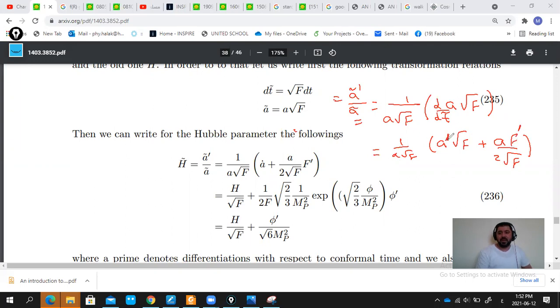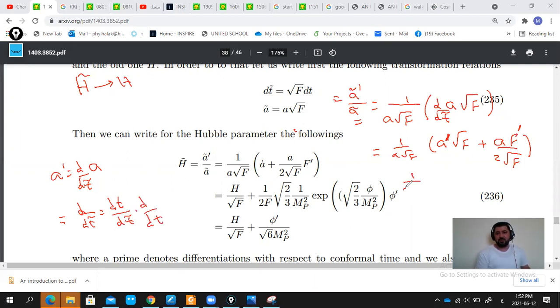But again, we don't need the derivative with respect to t tilde. We need it for the original time, because we need to relate H tilde with H. So the derivative with respect to t tilde is dt over dt tilde times d over dt.